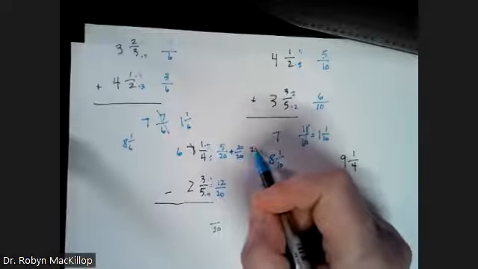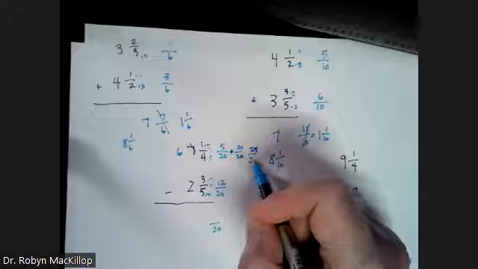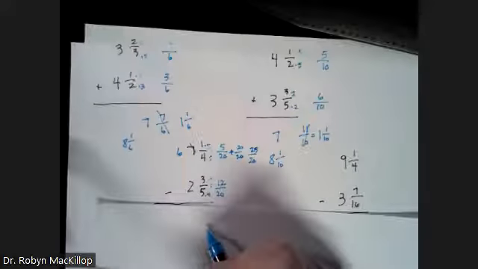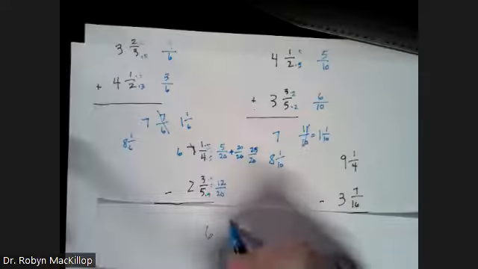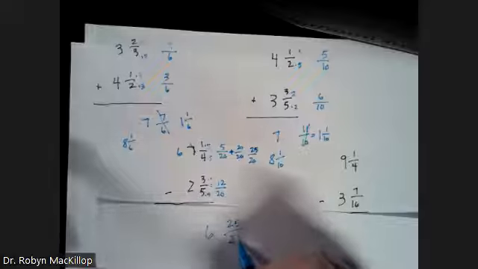And I'm going to rewrite this problem because it's moving way out. So now our problem is 6 and 25/20 minus 2 and 12/20.